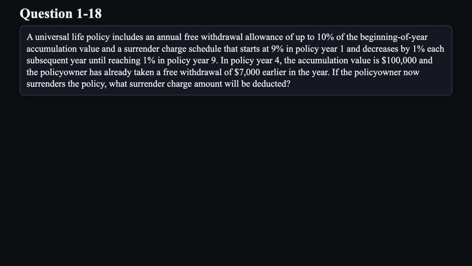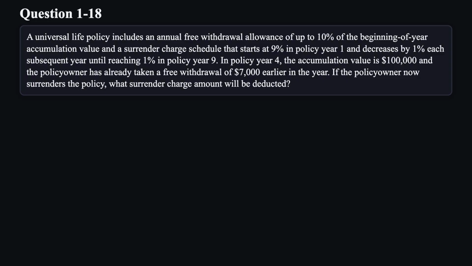Question 18. A universal life policy includes an annual free withdrawal allowance of up to 10% of the beginning of year accumulation value and a surrender charge schedule that starts at 9% in policy year 1 and decreases by 1% each subsequent year until reaching 1% in policy year 9.